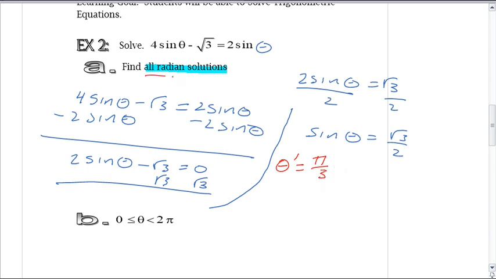Remember, they want all the solutions, so we also need to find out what other quadrants this is true for sine. So I'm going to use All Students Take Calculus. Sine is also positive, radical 3 over 2, in the second quadrant. So remember our trick here.